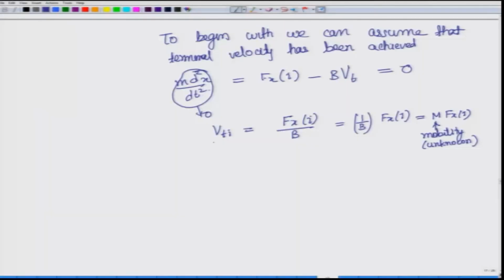And here Vti, if you are doing a simulation, can be broken down to xi(t plus delta t) minus xi(t) by delta t is equal to m Fxi. So, now we have set up an equation where all you need to know is the force that is acting, and you can make certain assumptions about this mobility.